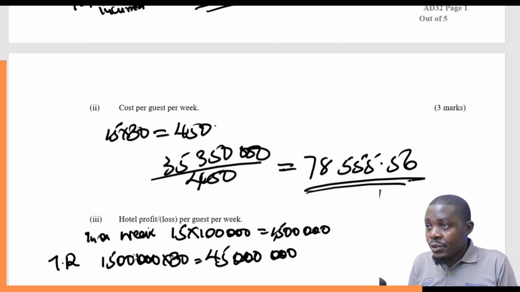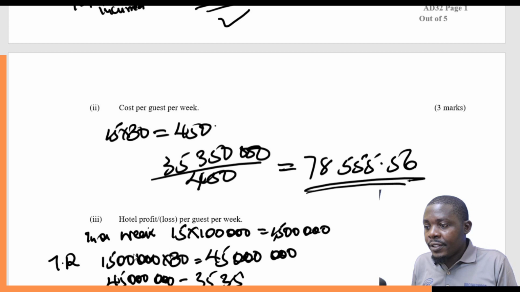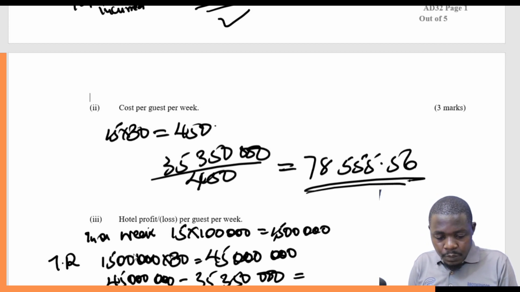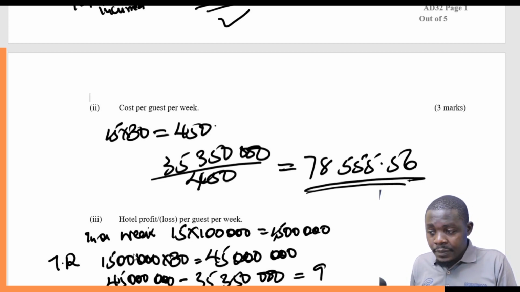Now we subtract the total cost we had up there: 45 million minus 35,350,000, we have 9,650,000.